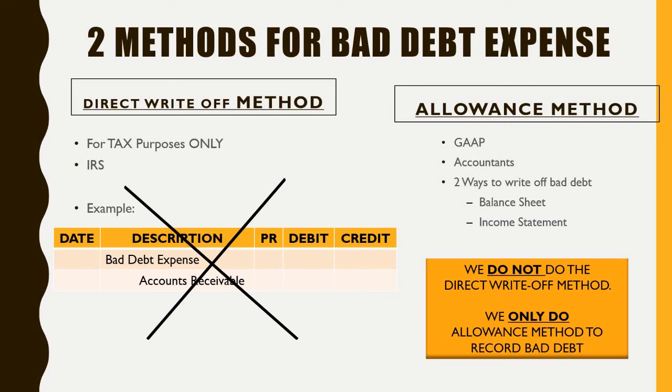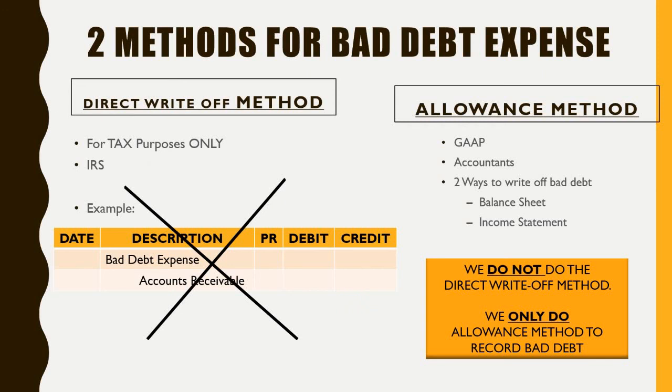However, I want you to at least know that it exists and why it exists, okay? It's to write off bad debt directly off of the accounts receivable, and it's for IRS purposes only, only used by tax accountants, okay? We are going to be focusing on the allowance method, okay?